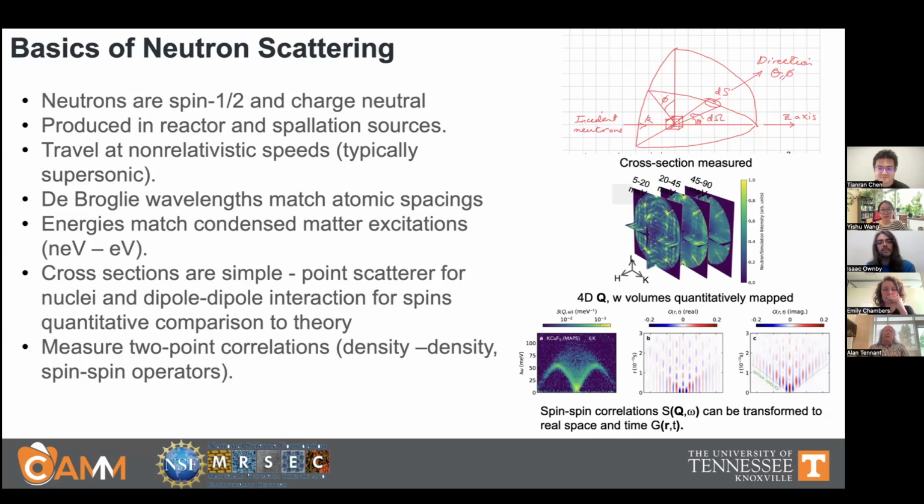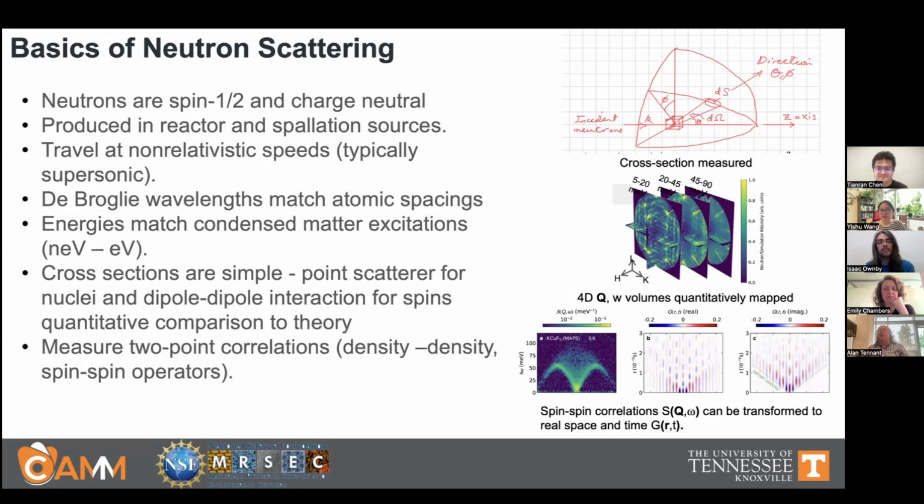By measuring the two-point correlation functions, either the density correlations, that's between the nuclei in the chemical structure, or between the spins, one spin correlated with the other spin, in the system, we're able to build up a really detailed picture of exactly what's happening at the atomic level, both structurally and dynamically.